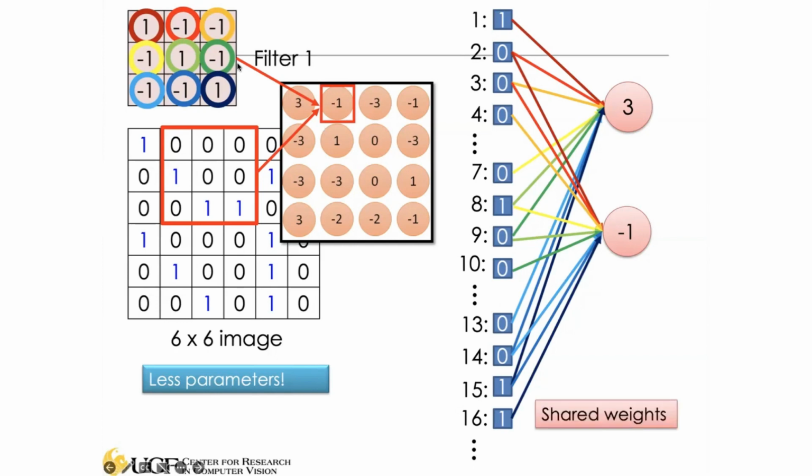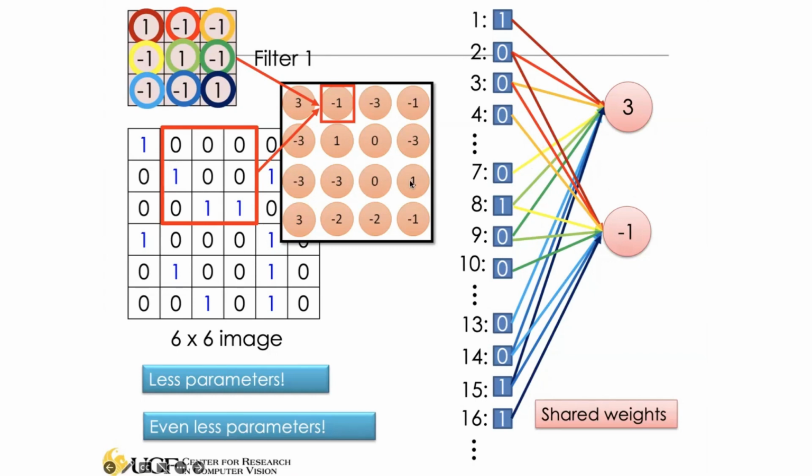And because we are using the same filter, we didn't change the weights in this filter. We're using the same filter and sliding across the entire image, which means the weights are shared. And this will result in even fewer parameters. If we're using the fully connected, we are going to use a separate, different set of weights and bias parameters for these neurons. But in the convolutional case, these weights are shared.